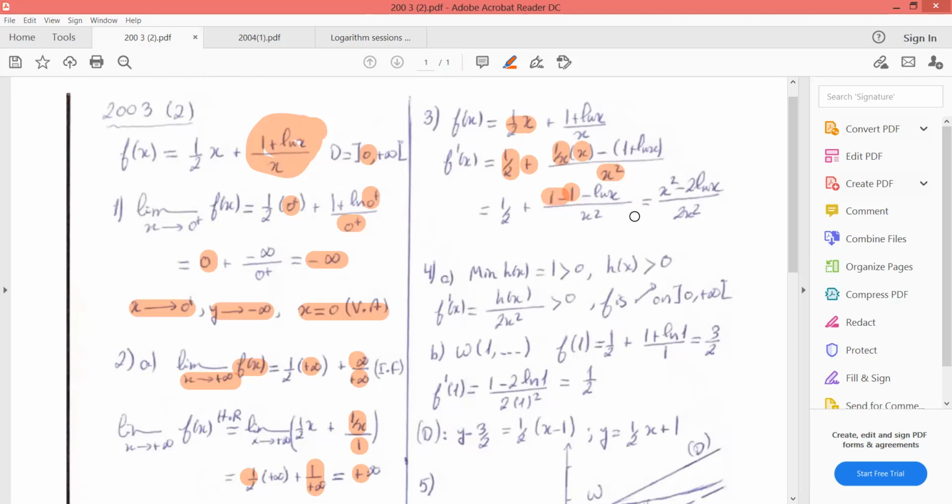We take the LCM, which is 2x squared. 2x squared over 2 is x squared times 1 is x squared. Then 2x squared over x squared is 2, times minus ln x, giving minus 2 ln x. We get x squared minus 2 ln x over 2x squared.